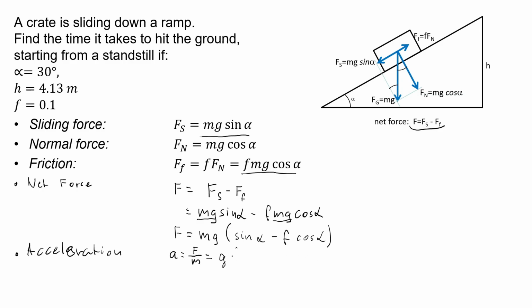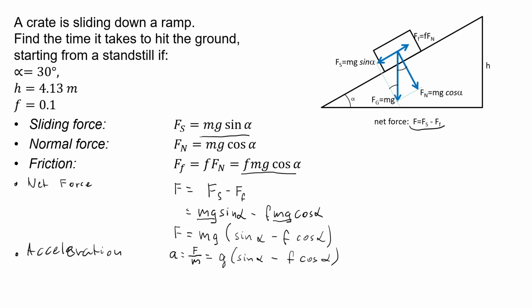So it is g sine alpha minus f cosine alpha. And you know what? Until now, this is mostly a standard part of most of the inclined plane exercises. The only tricky thing may be sometimes the symbol plus here and here.